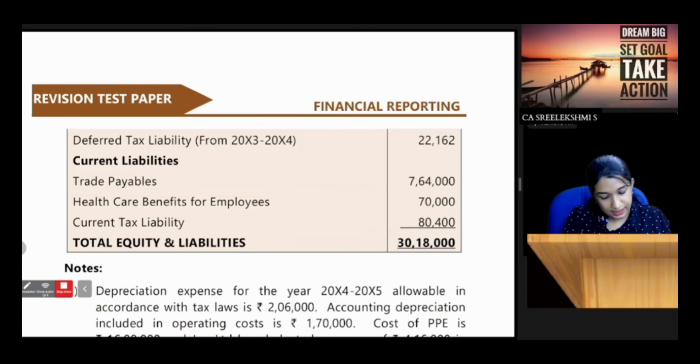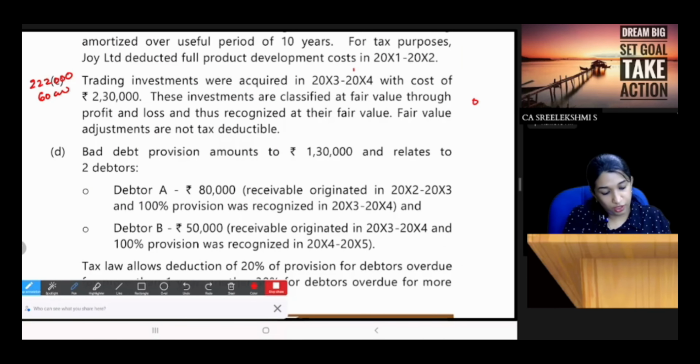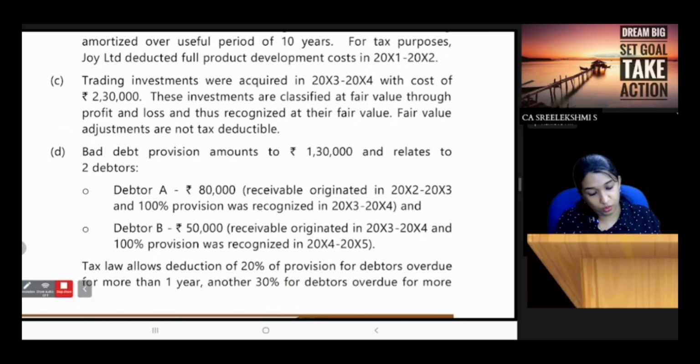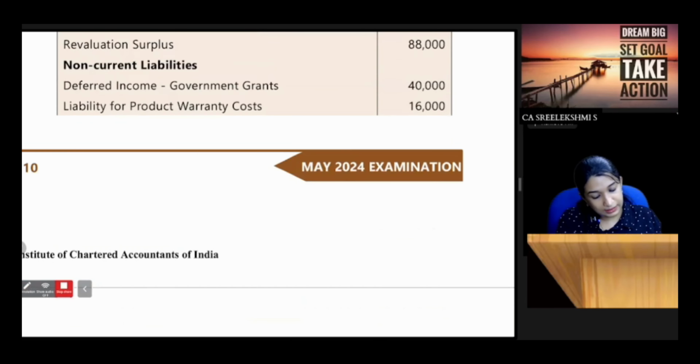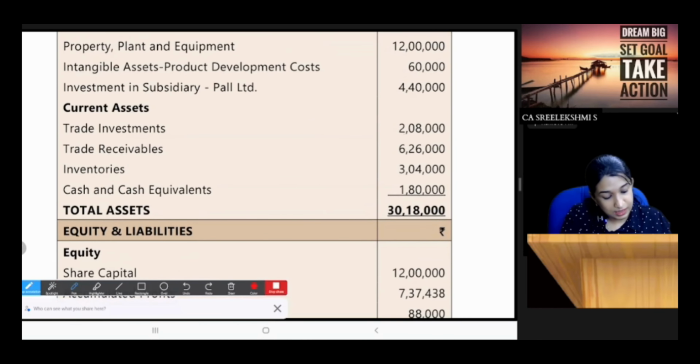Now, what is next? Trading investments were acquired in 2013-14 with a cost of 2,30,000. These investments are classified at FVTPL and thus recognized at fair value. Fair value adjustments are not tax deductible. 2,30,000 is the cost, and the tax base will always be cost; there are no fair valuations.